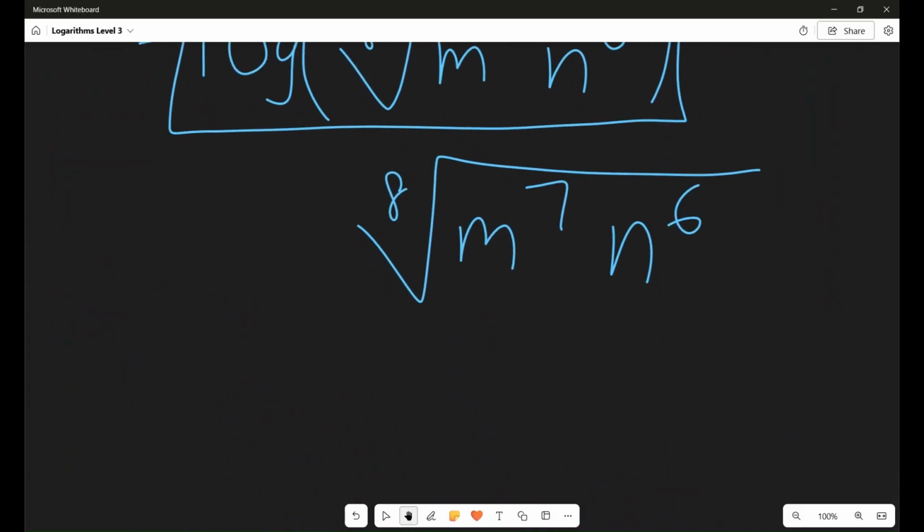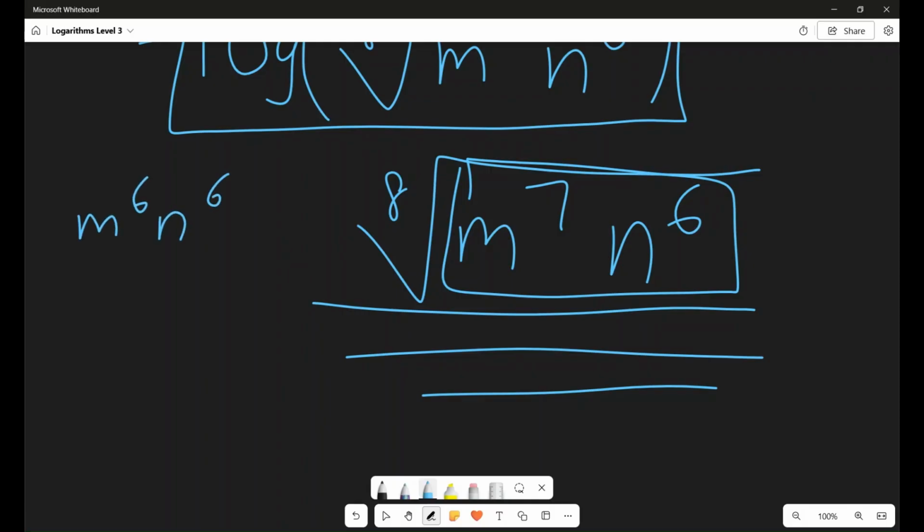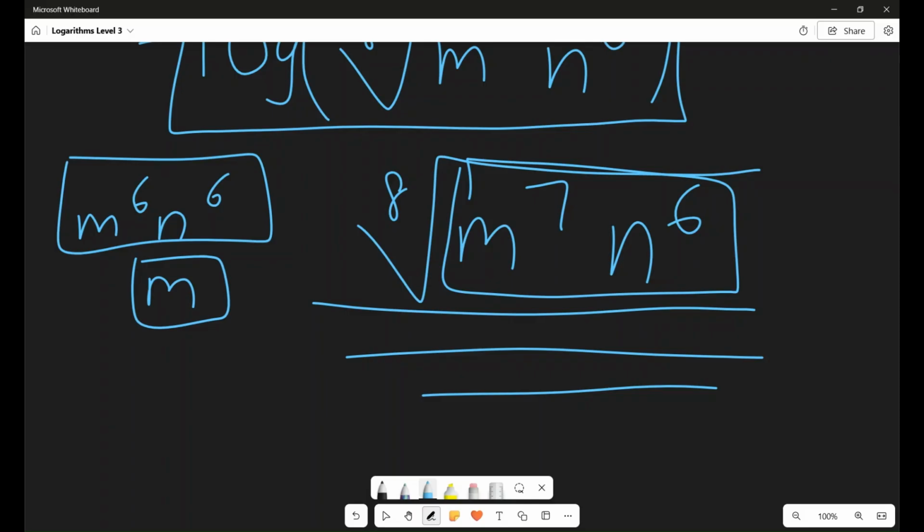So if we go back to our expression here, we know that this has to be an 8th power, which means it has to be a perfect square. And since n to the 6th is a perfect square, m has to be a perfect square. Because if we have two perfect squares, then their quotient, if it's an integer, has to be a perfect square. Since we know m is an integer, m has to be a perfect square.